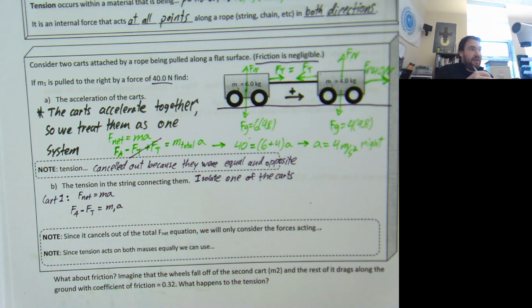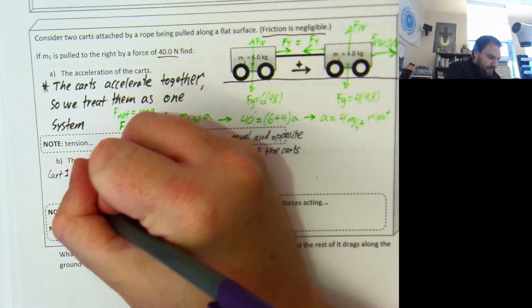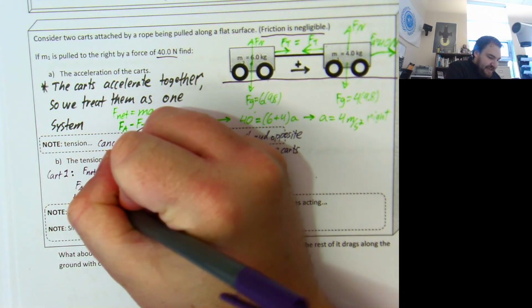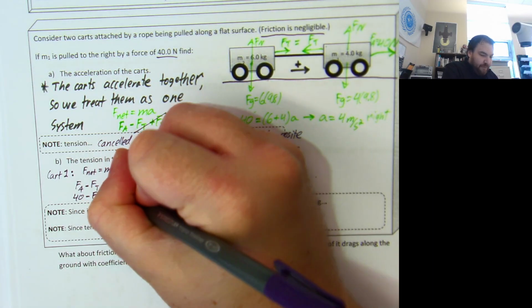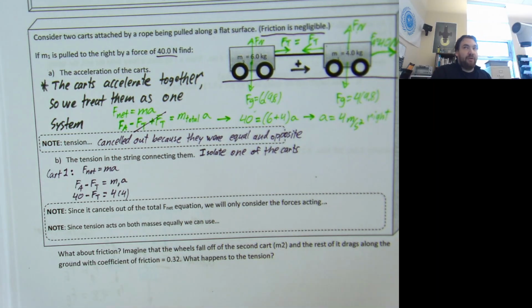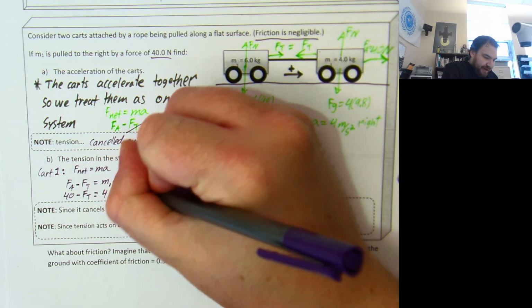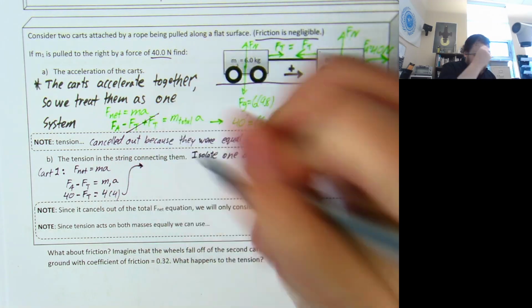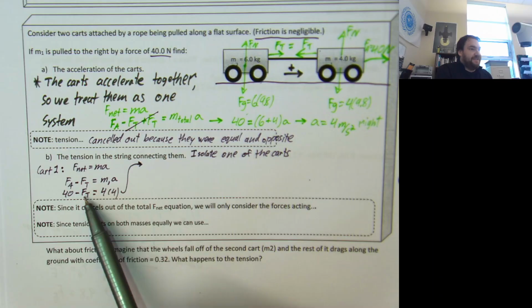Now we can actually plug in the values for all of these things. The applied force is 40 minus Ft. That's what we're looking for. The mass of cart 1 is 4, and cart 1 accelerates at 4 meters per second squared. I'm running out of space below, so I'm just going to go over here. To solve this for Ft, it's negative over here.